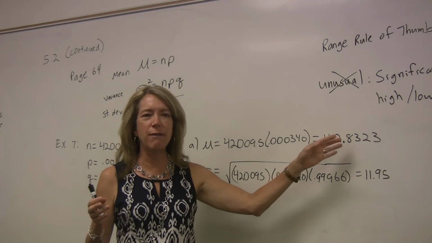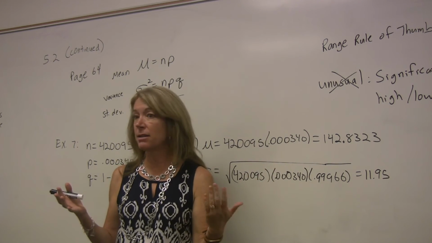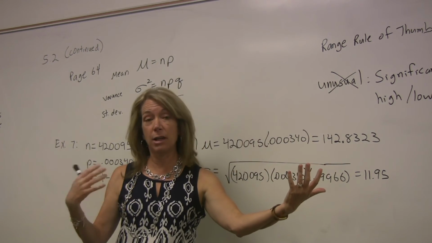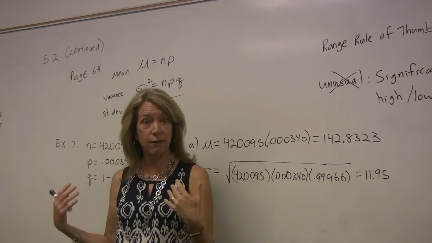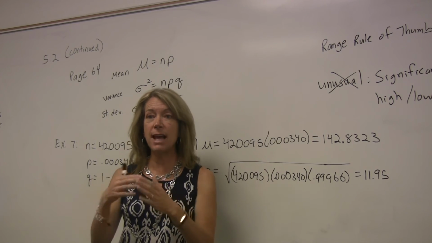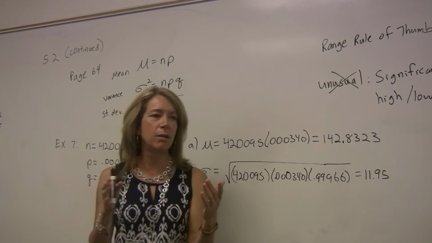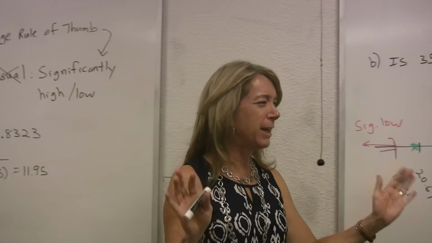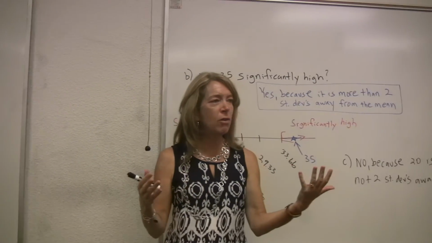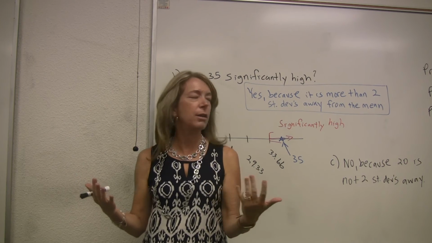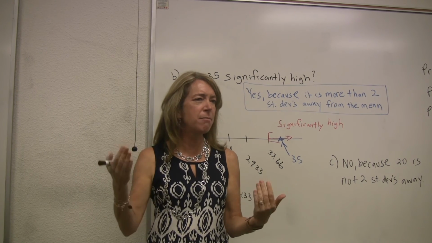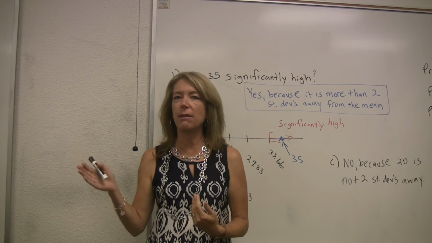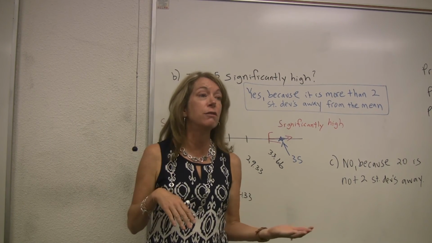So 12 higher or 12 lower is what you would expect. Anything more than 12 twice, though, would be extremely unusual or significantly high or significantly low. So that's telling you how far away from the middle you could go before it starts to be kind of weird. Like, wait a minute, something's going on here. Just like my coin, I expect it to be tails half the time, but at some point that's too many tails. And so that tells you what that cutoff's going to be for how many is too many or how few is too few.